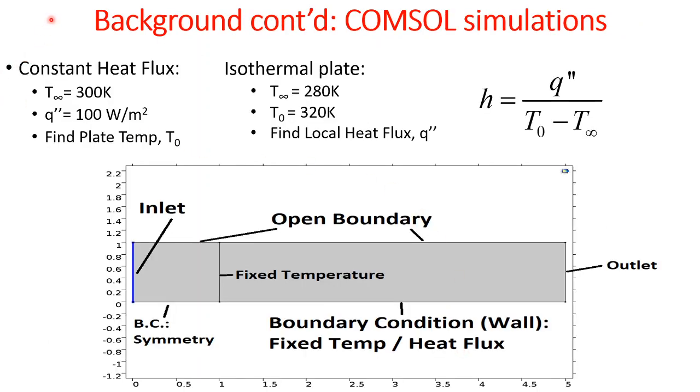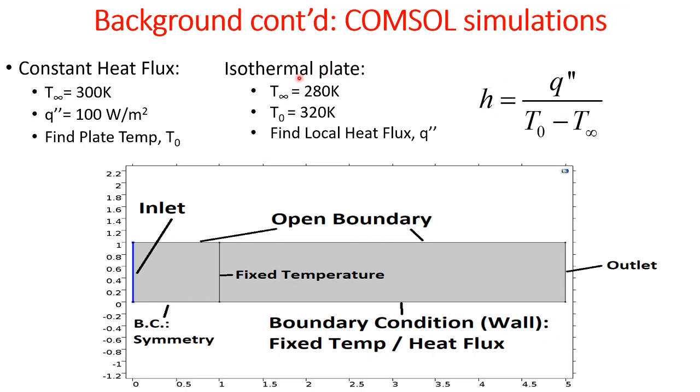For the constant heat flux condition, I held the free stream temperature to 300 K and the heat flux density to 100 watts per meter squared. And just a reminder, this is the equation for the local heat transfer coefficient. For the constant heat flux condition, we know q double prime, we know T infinity, so I have COMSOL calculate T naught, the plate temperature, so I can finally close this equation and calculate h.